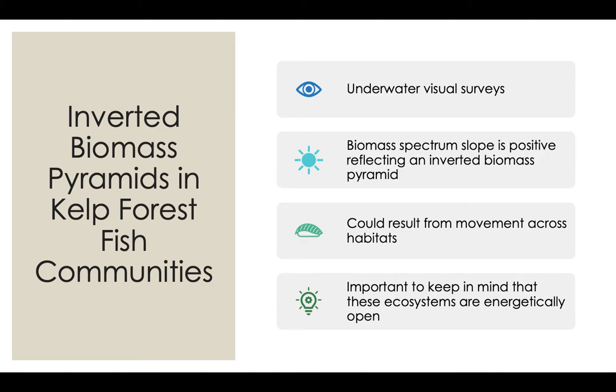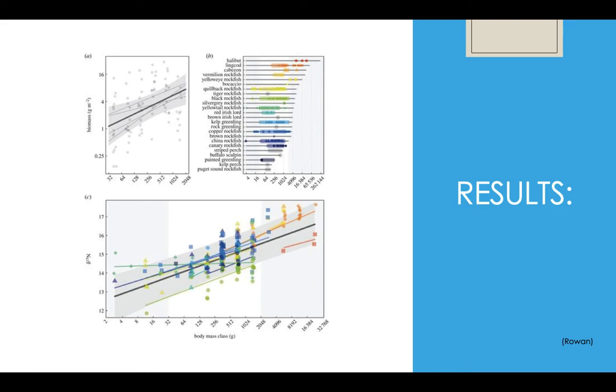Although this does support an inverted biomass pyramid, it does not seem energetically possible as energy transfers would have to be extremely efficient. But as mentioned earlier, energy transfers usually do not exceed 10%. The movement, foraging, and aggregation of consumers across habitats may explain this mismatch.